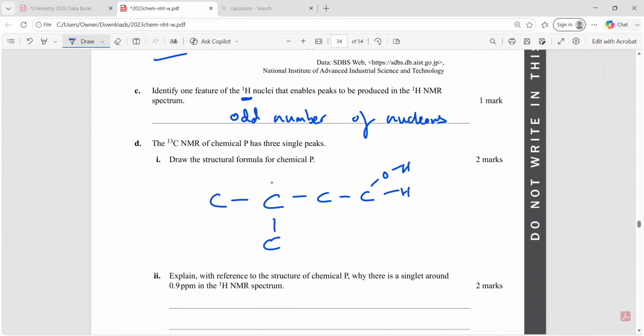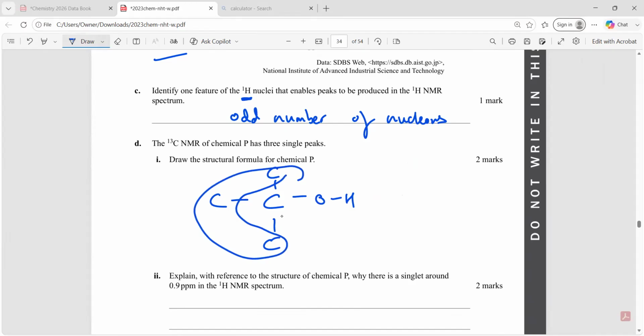We need three environments, so let's put another carbon there and an OH. These are all part of the same environment. Two, and then three. So one, two, three, hydroxyl group.